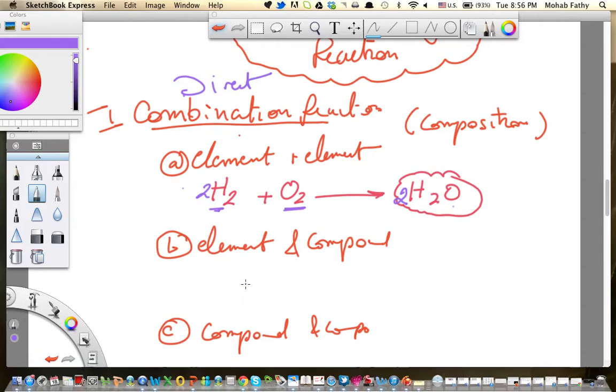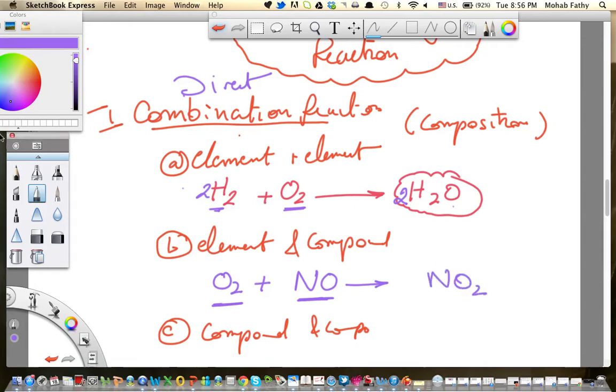I will give you another example of combination between element and compound. For example, an element like oxygen can combine with a compound like nitric oxide. Nitric oxide is a compound, and oxygen is an element. When they react together, they give nitrogen dioxide.